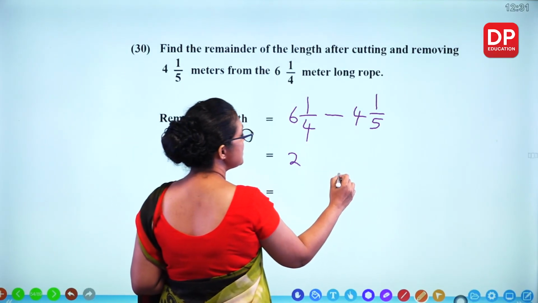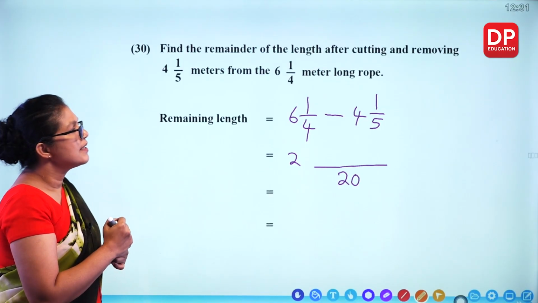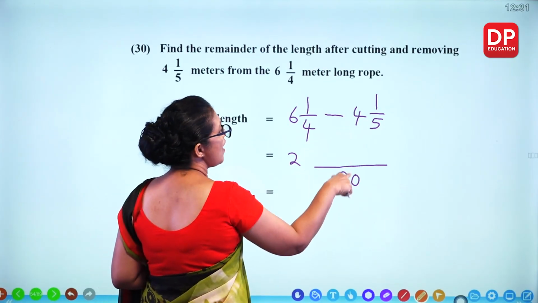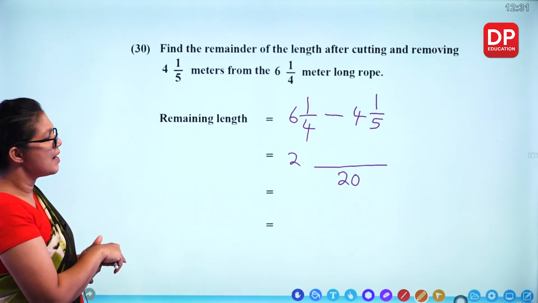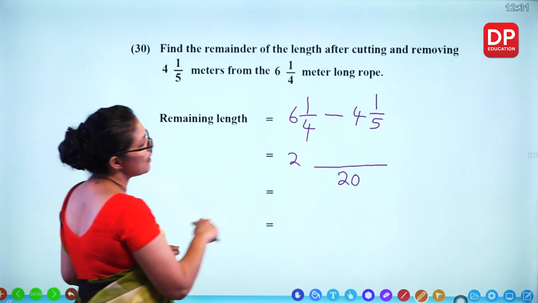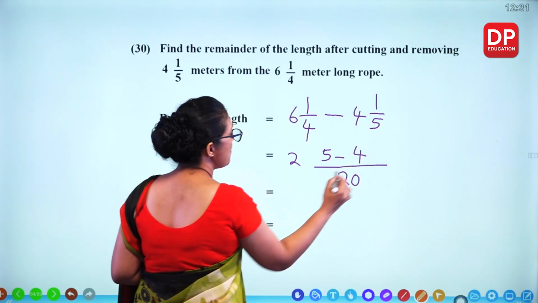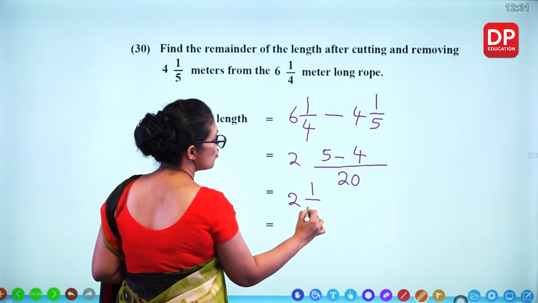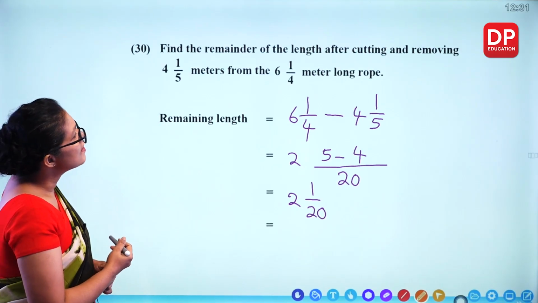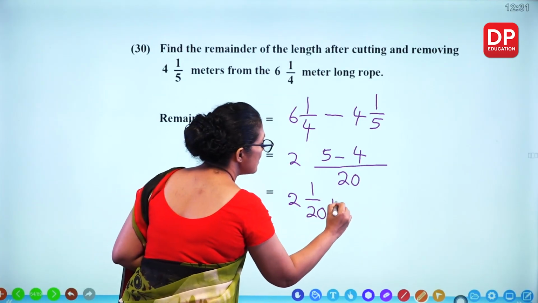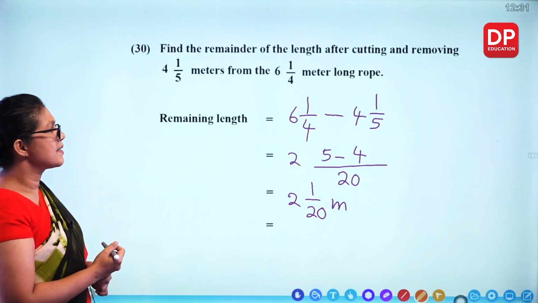That's 20. Divide that number by 4 and 5 both. So 20 is the lowest common multiple. Now convert. 5 minus 4 is 1. So 2 and 1/20. The length is 2 and 1/20 meters.